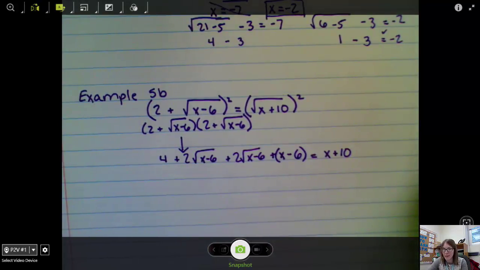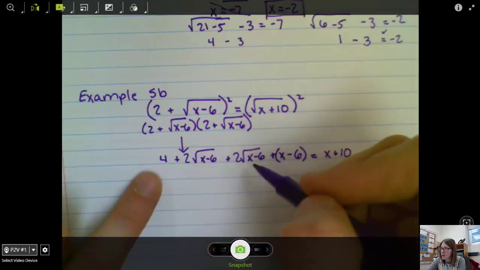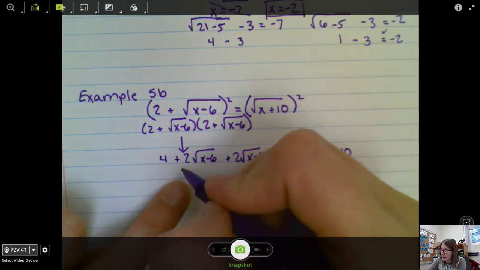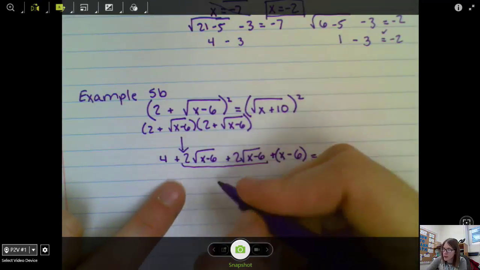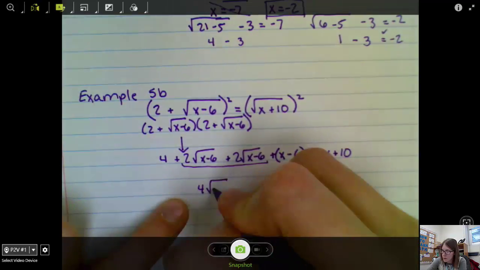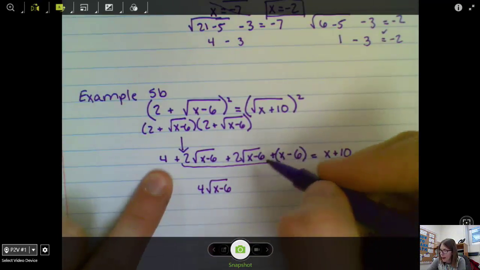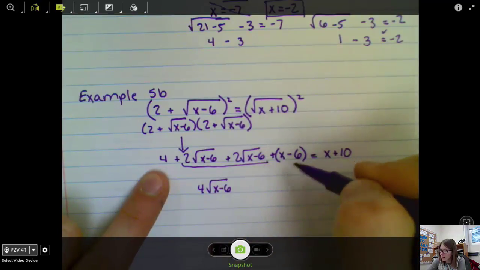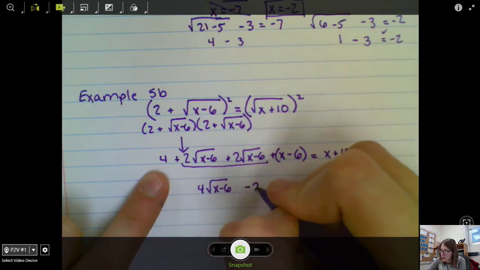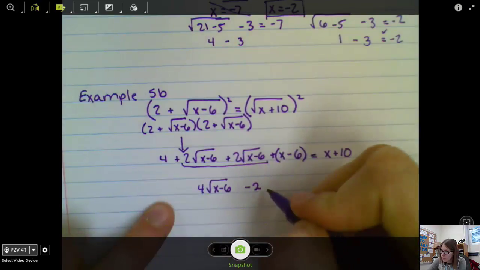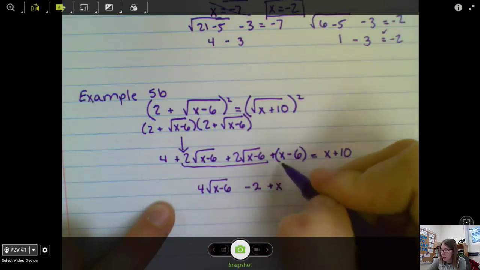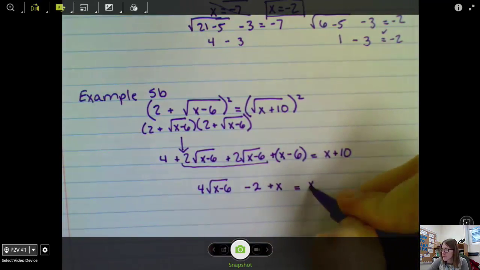Let's combine what we can. So over on this left side, I have my 2 square root of x minus 6, 2 square root of x minus 6. And then the 4 and negative 6 is minus 2. And then my plus x over here.